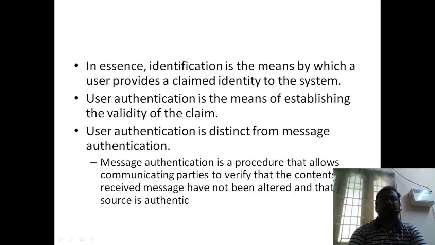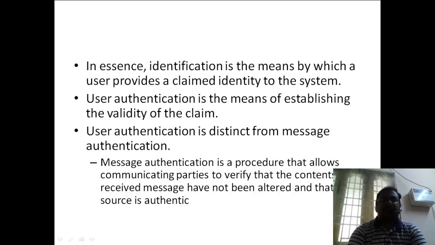If someone claims he is the person, you have to authenticate and authorize that particular person. It also makes a distinction between two or more people, so two persons cannot claim the same identity.